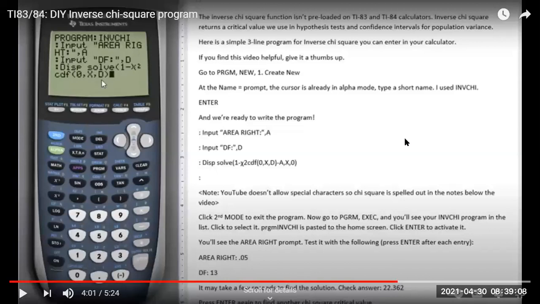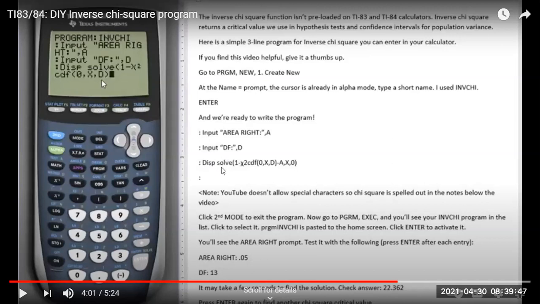Okay, we'll continue, and then it will be minus a comma x comma 0, and then close parenthesis. That is what will come next. The difficult part in this line is how to get the display. That's under program, IO, item number 3, display.